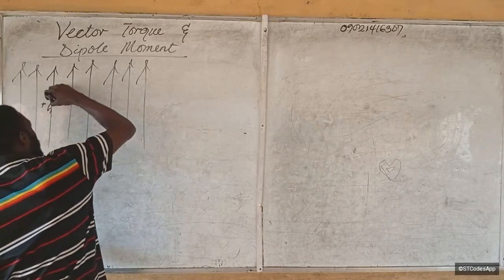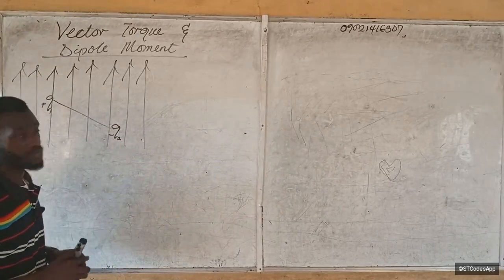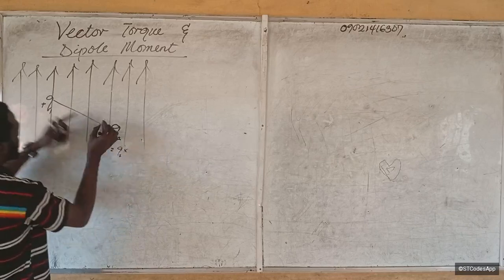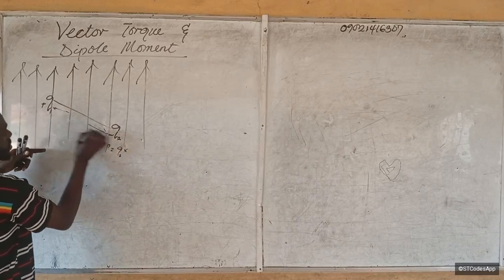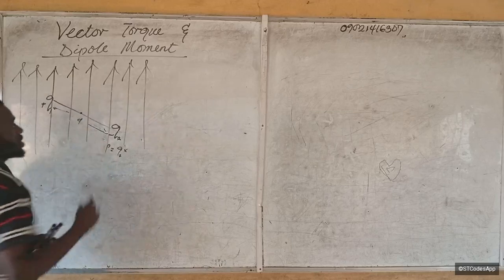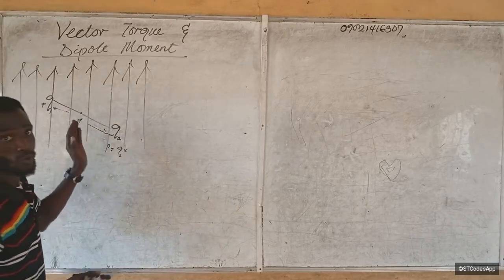The dipole moment P is going to be Q times this distance of separation, let's call it D. Midway between them is the midpoint of the axis of the dipole.